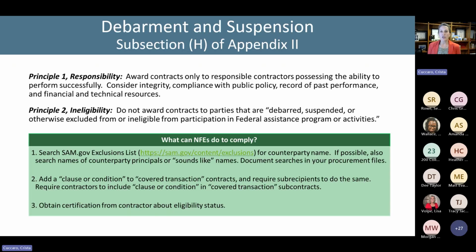There's an additional way that you can accomplish this, which is obtaining a certification from the contractor about their eligibility status. And so you could do this at various stages in the procurement and contracting process, but it's kind of up to you to decide which of these methods you want to use to ensure that a vendor is not debarred or suspended.